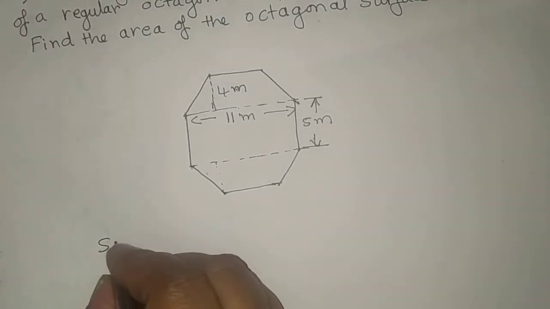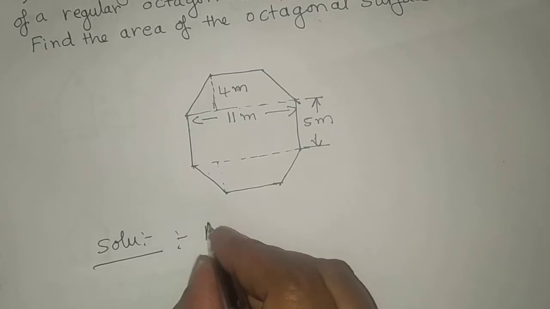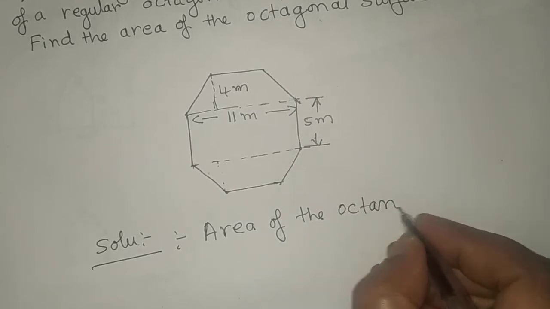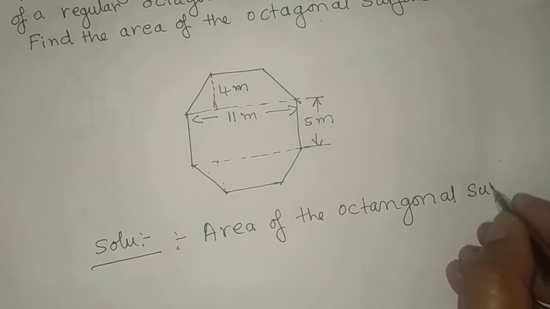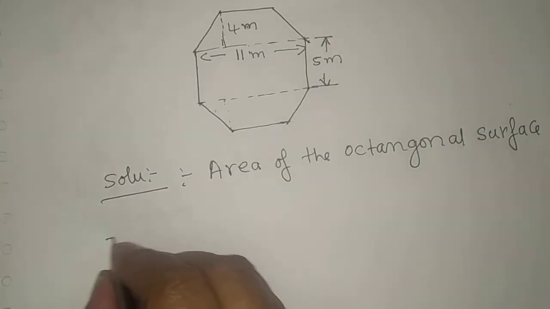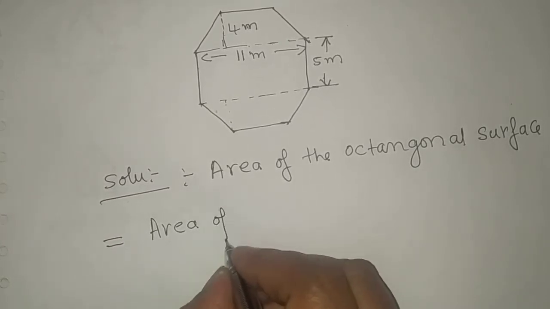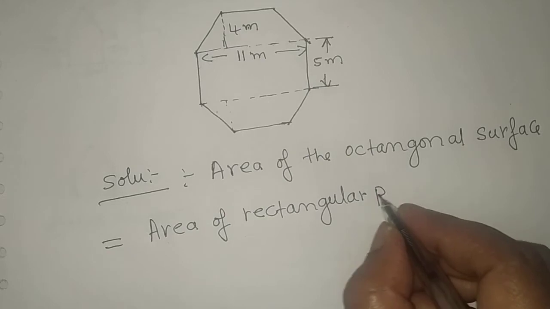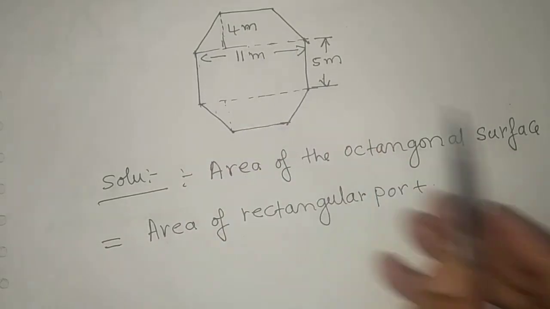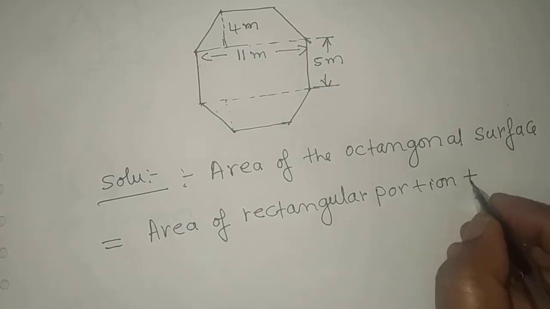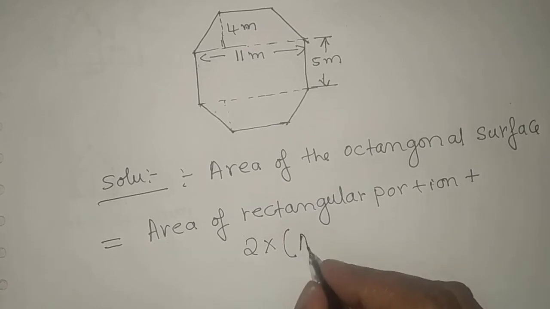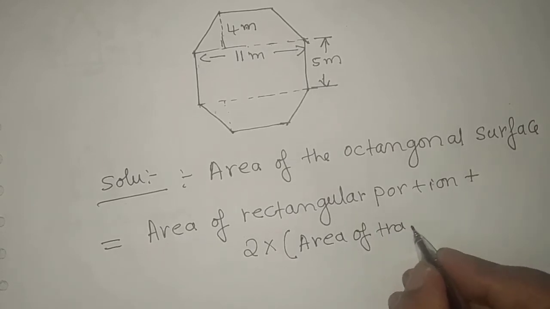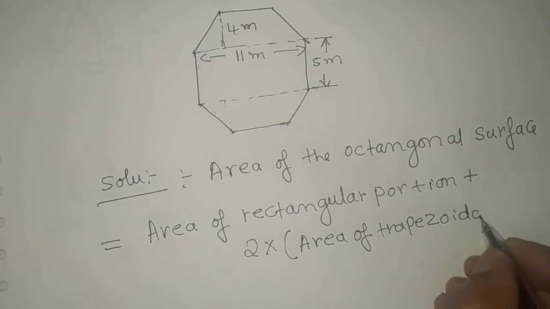So now the solution is: area of the octagonal surface is equal to area of the rectangular portion plus 2 into area of the trapezoidal portion.